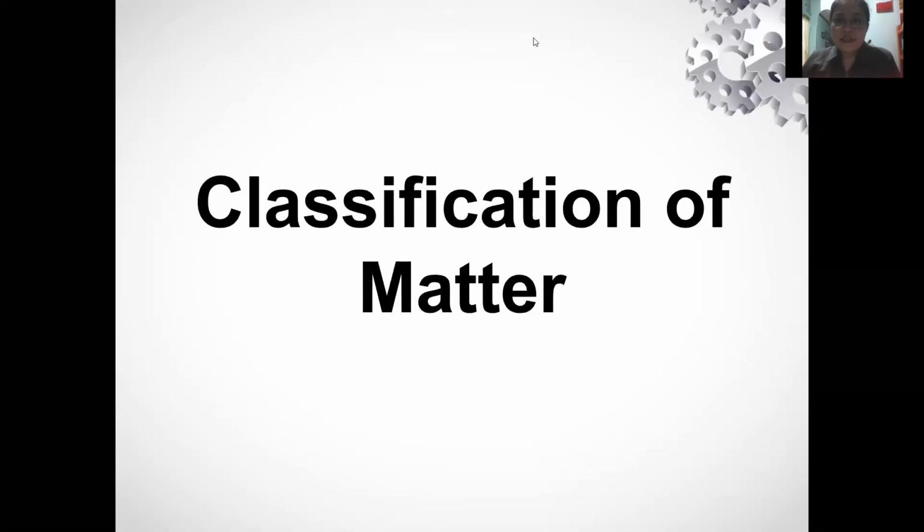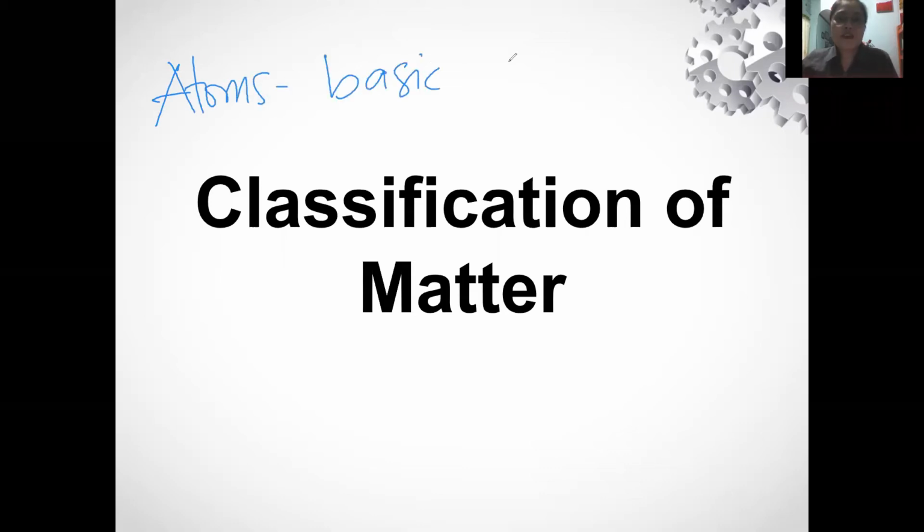Okay, and then we also discussed the classification of our matter. When you say matter, do not forget that atoms are the basic unit of matter. So how do we classify our matter? Let me draw a diagram here.